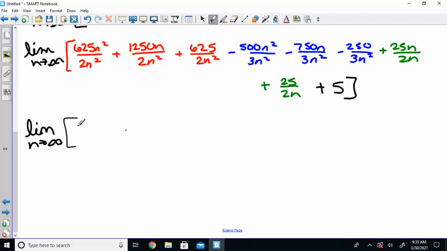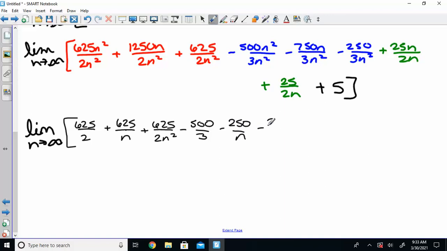So that gives me a 625 over 2 plus 625 over n, 625 over 2n squared, minus 500 over 3, minus 250 over n, minus 250 over 3n squared, 25 over 2 plus 25 over 2n.